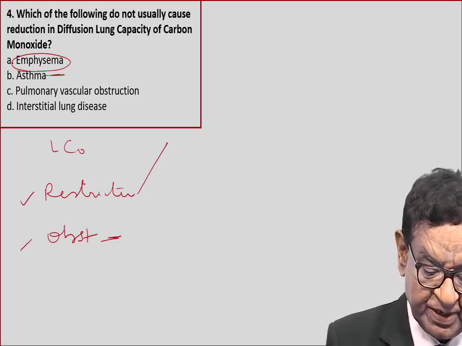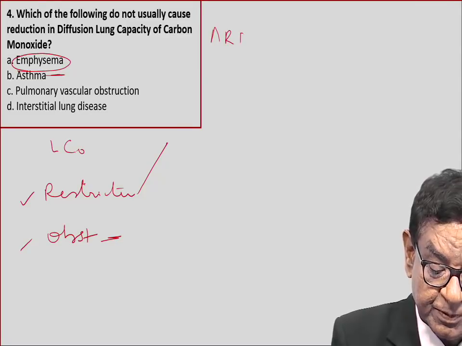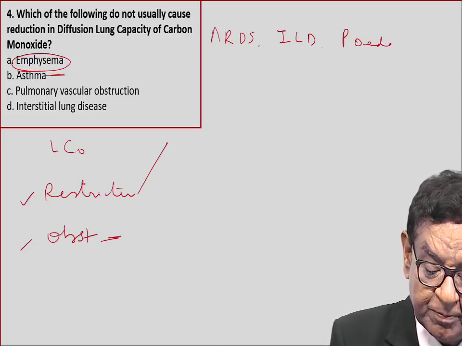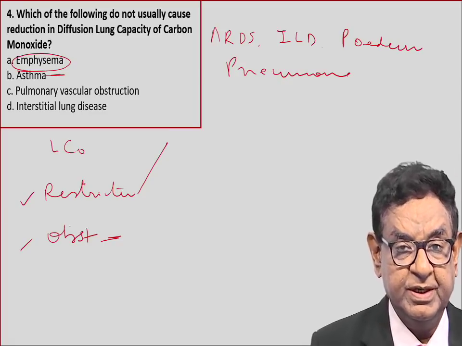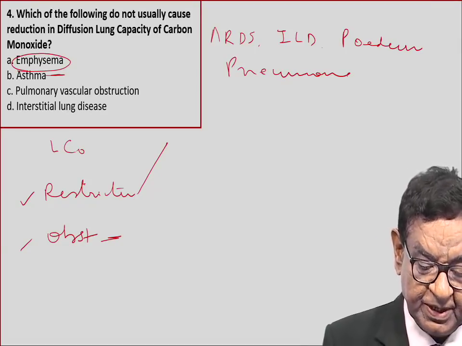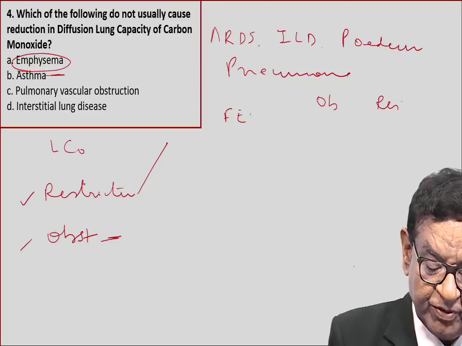Now I told you in all restrictive lung disease diffusion is reduced. What are the examples of restrictive lung disease? Examples are ARDS, interstitial lung disease, pulmonary edema, pneumonias. Now, how will you differentiate between obstructive and restrictive airway disease? In obstructive disease, FEV1 is highly reduced.